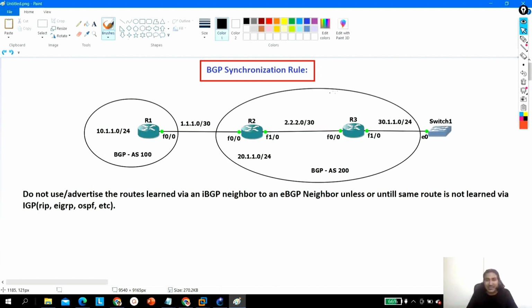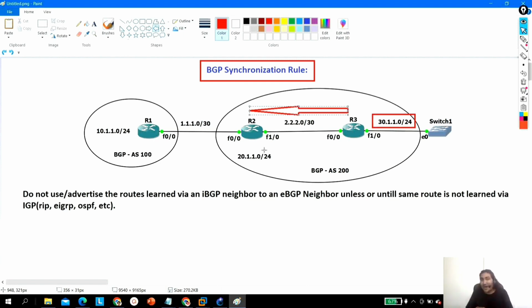Here, as you can see, behind router 3 I am running one network, 30.1.1.0/24. Once I configure BGP on router 3, router 3 will share this prefix with router 2. Router 2 is receiving the prefix 30.1.1.0/24 from an IBGP neighbor.